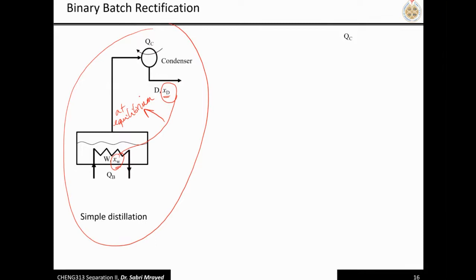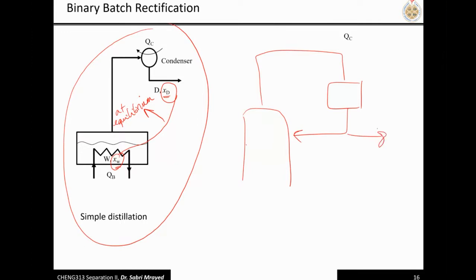Do you remember when we discussed this one? Distillation column. Let's say this is stage number 1, and we have vapor here with y1. And this is xD, and this is x0. And this is a total condenser.